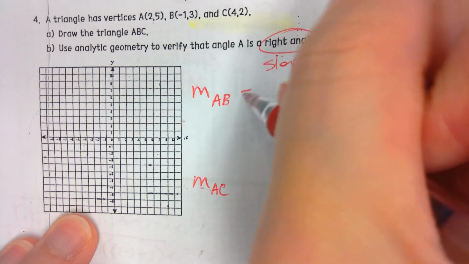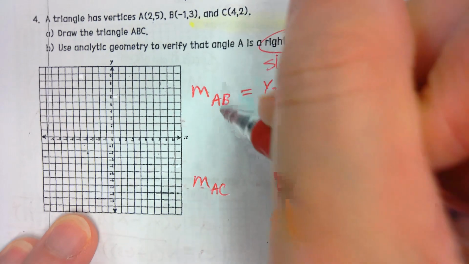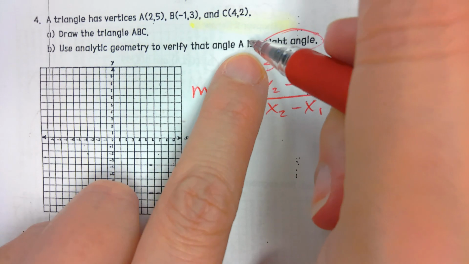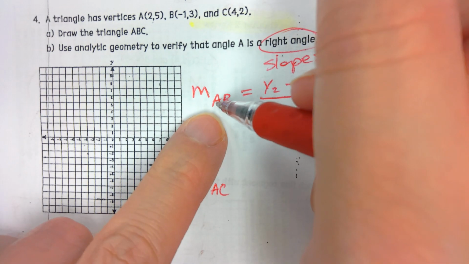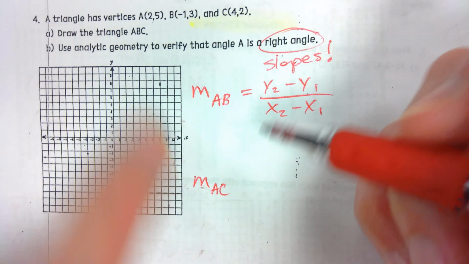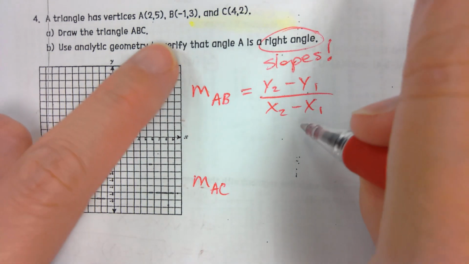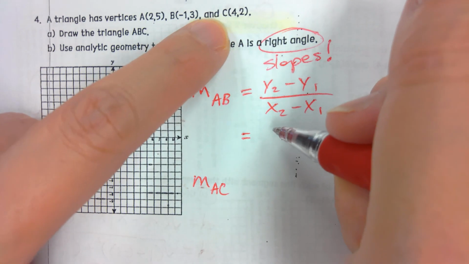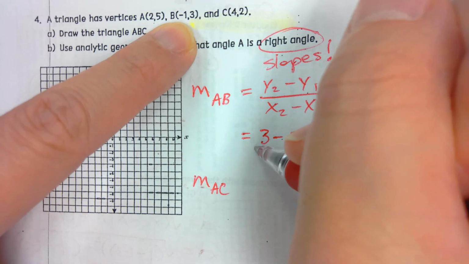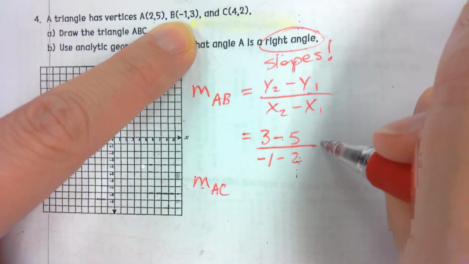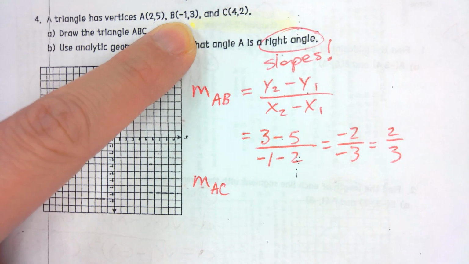So slope formula: y2 minus y1 over x2 minus x1. How do I know which 2 points to use? It's because it already tells you that the angle A is the right angle. So that's why I'm doing line AB and line AC, the ones beside that make angle A. Using points AB, 3 minus 5 over -1 minus 2, -2 over -3, which simplifies to positive 2/3.